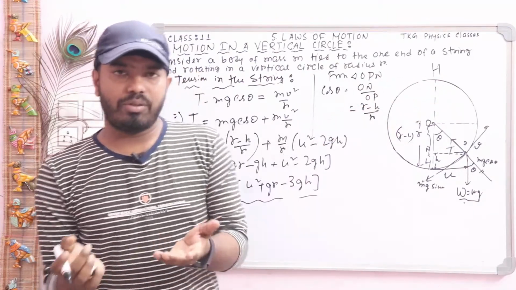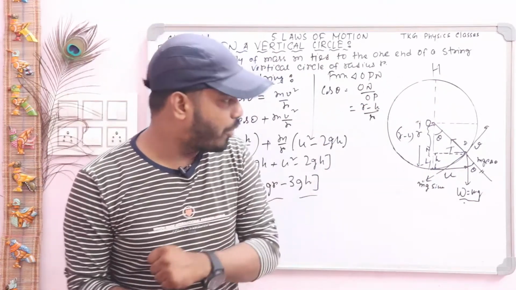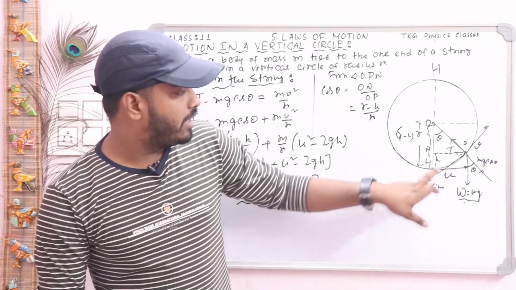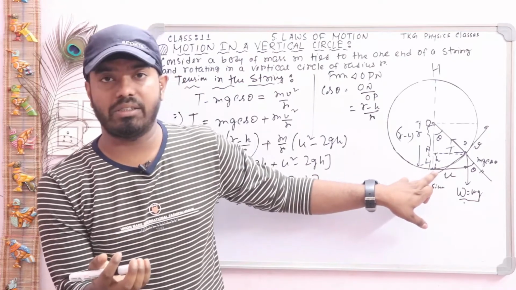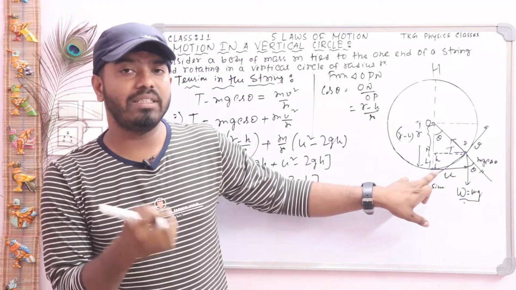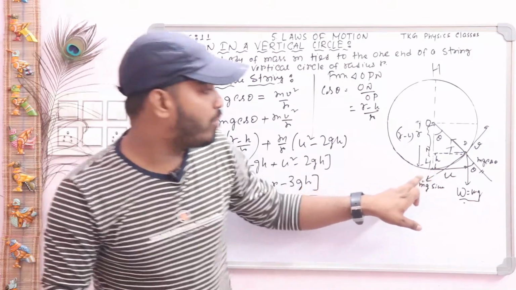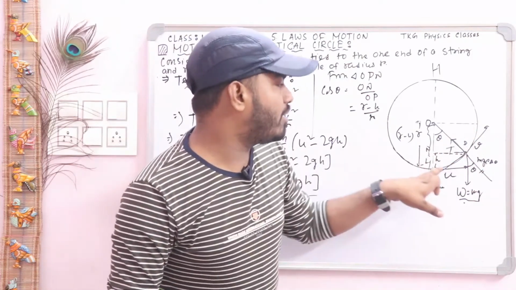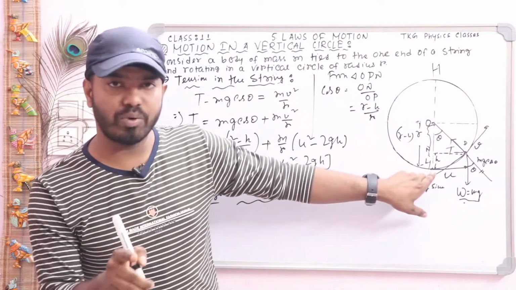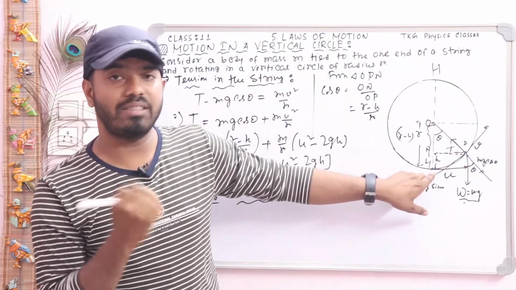At the lowest point, what is the value of h, the vertical height attained by the body? When the body is moving, it attains height, but initially at the lowest point the vertical height h is equal to 0.